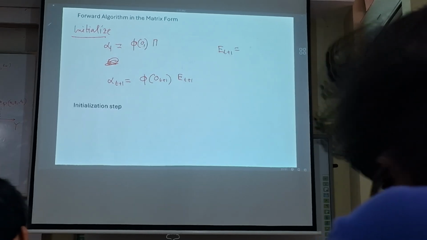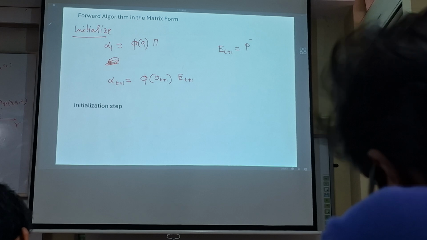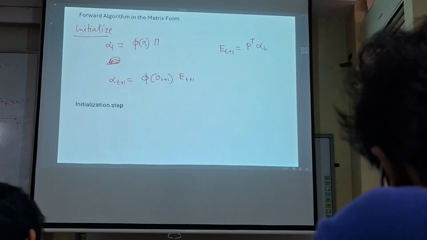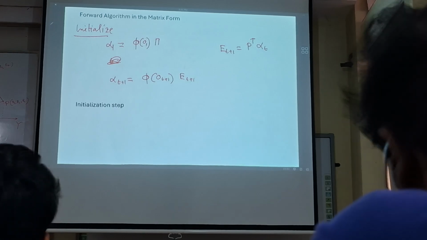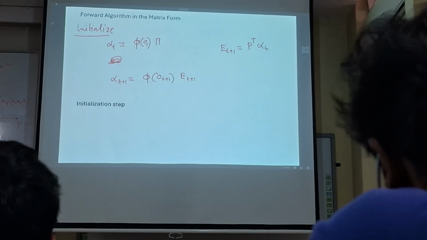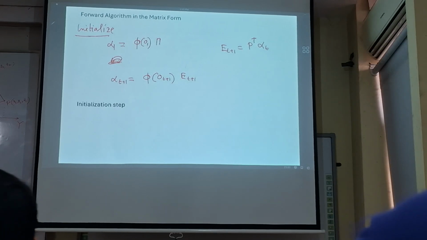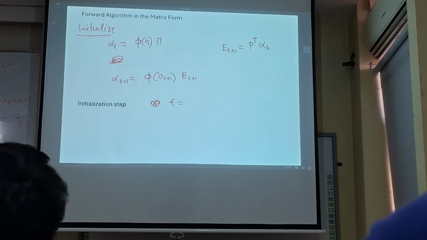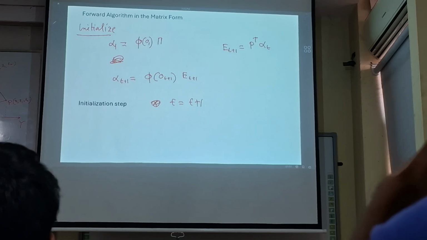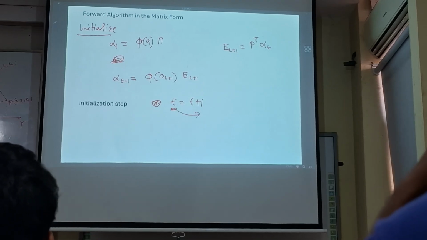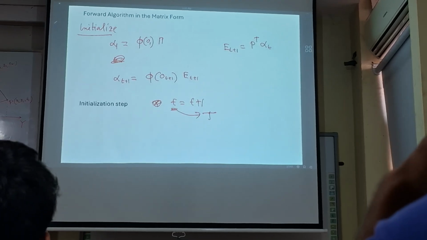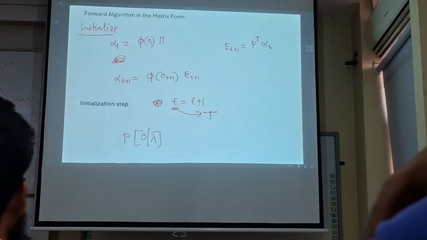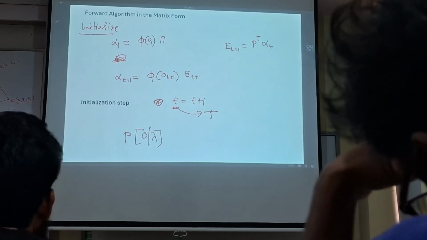It is P transpose alpha T. Then as long as that holds, you update it, and in the update you will make T equal to T plus 1. If T already reaches the final T, then you sum. What is this probability? It will be the probability of what?